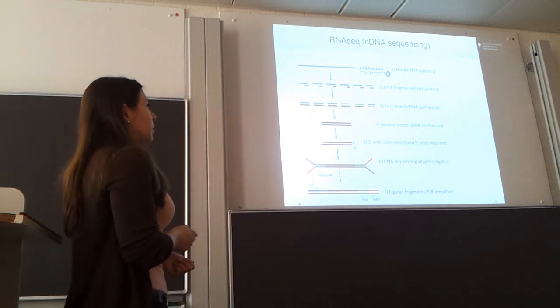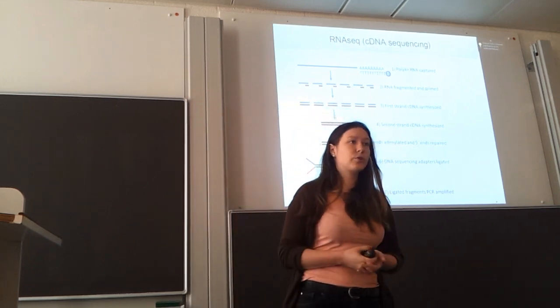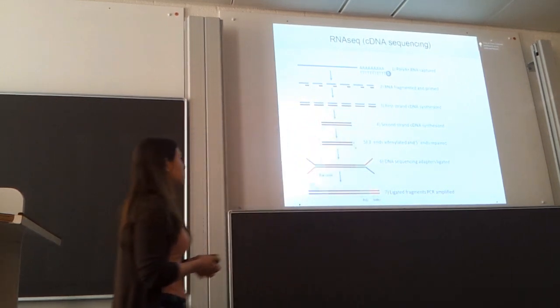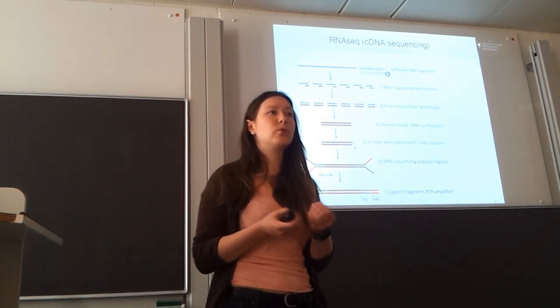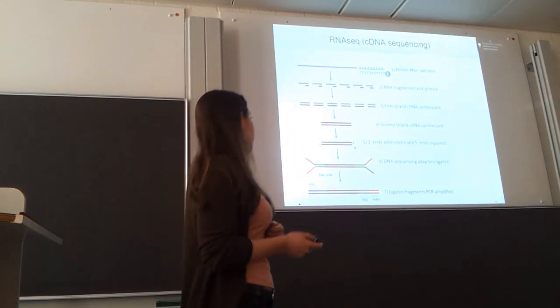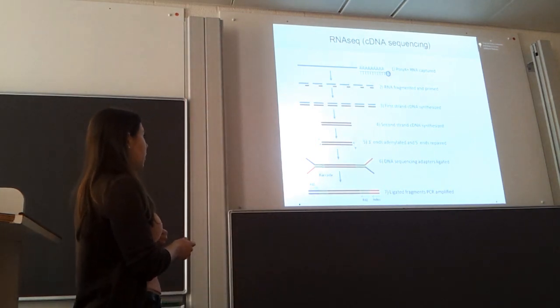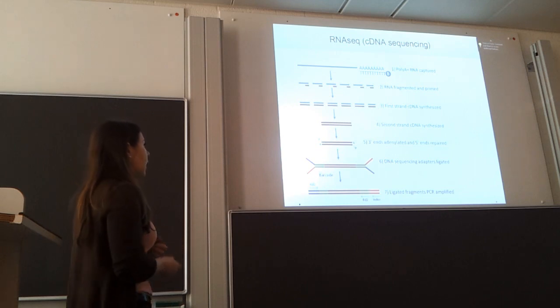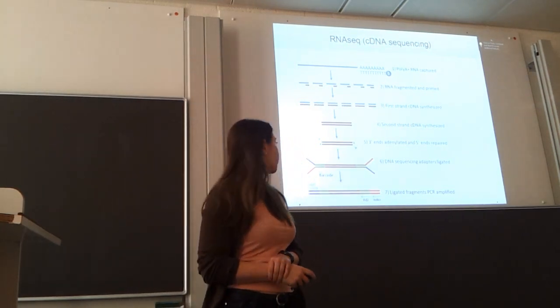generate cDNA, complementary DNA, with the help of reverse transcriptase. So we generate our cDNA because it's more stable than RNA, and we know how to handle it a bit better. And then we prime the generated strand and do a second strand of cDNA synthesis.